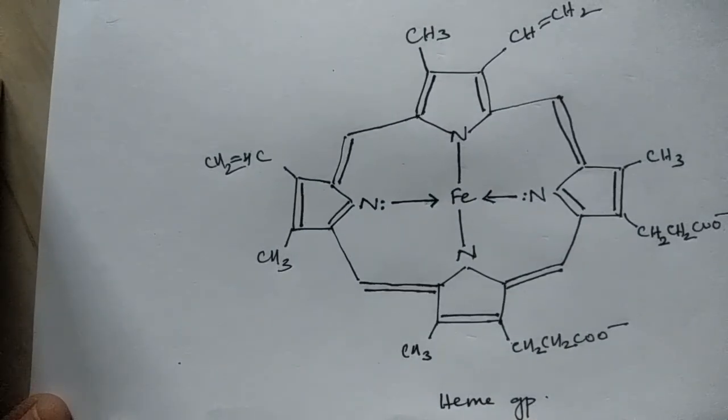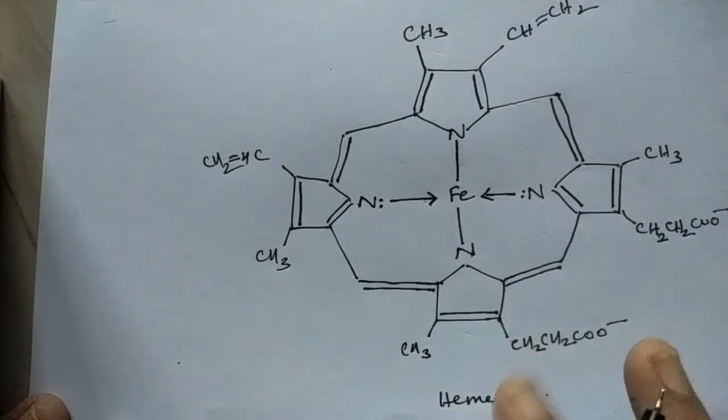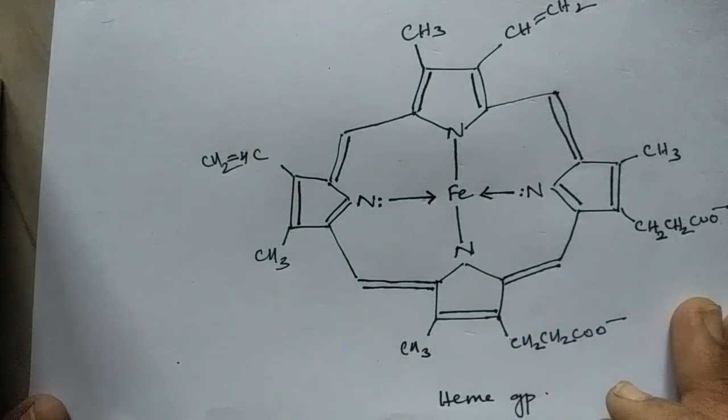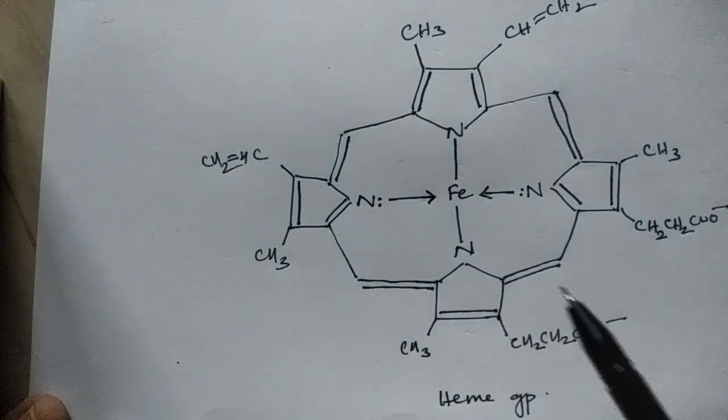Here only 4 valencies of iron are satisfied. Iron will be able to form bonds with 6 atoms.